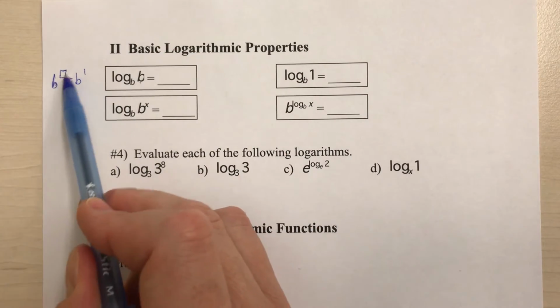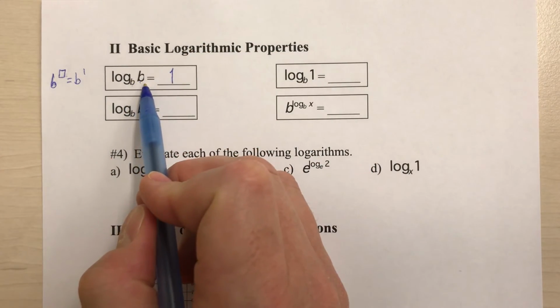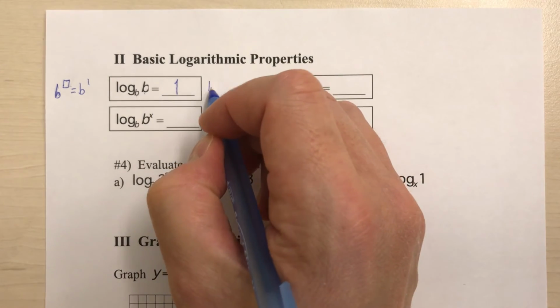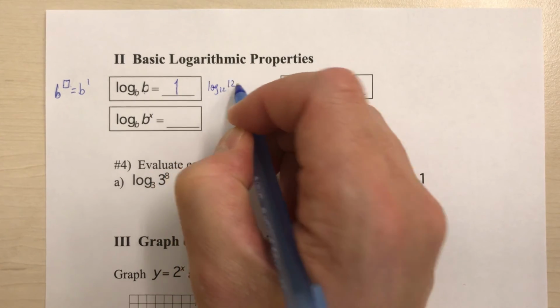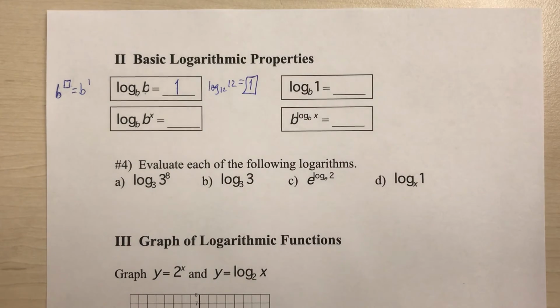So this value has to be 1. The log base b of b is always going to be 1. So if I gave you an example, if I said the log base 12 of 12, you automatically can just say that's 1. That's your answer.